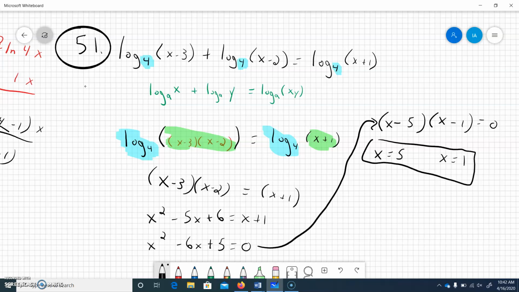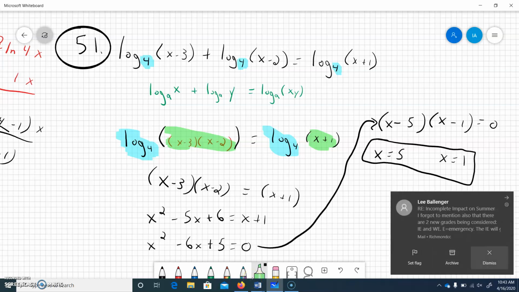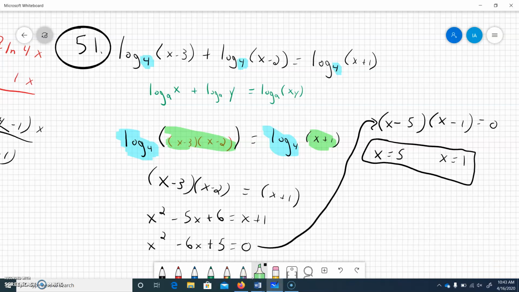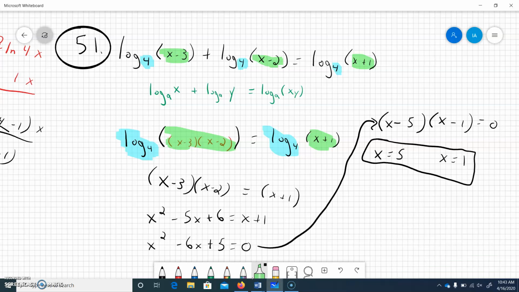Now let's investigate, because one thing that should happen here is that if we go back to the original problem, look at it, the argument inside the logarithm can't be negative. So we need to check our answers like we've checked all our answers before. If we put in 5, 5 minus 3 is positive, 5 minus 2 is positive, 5 plus 1 is positive.